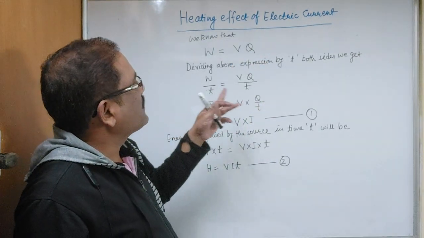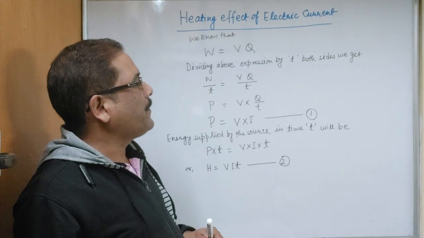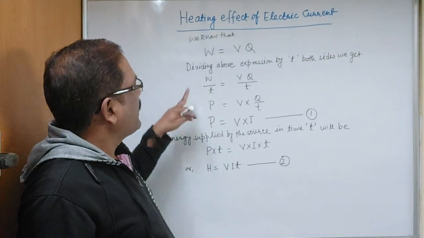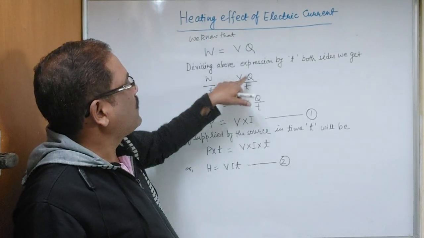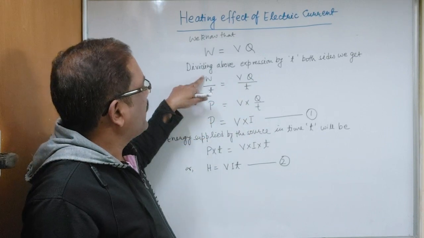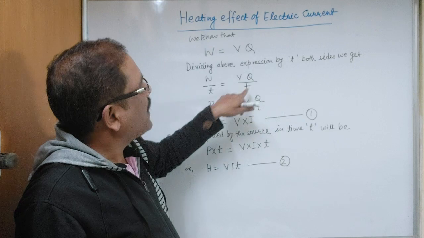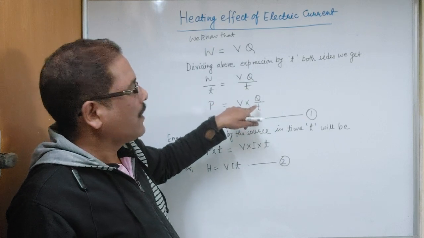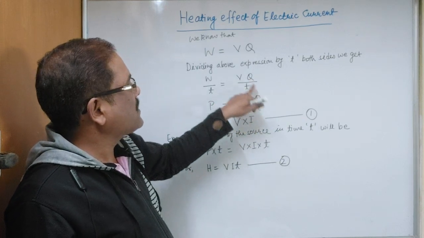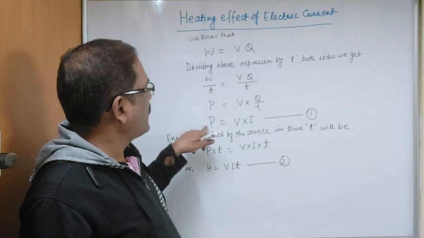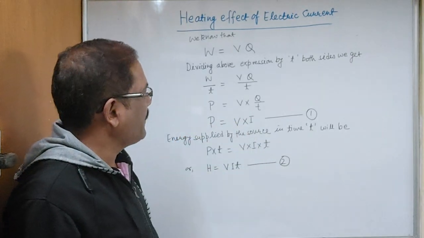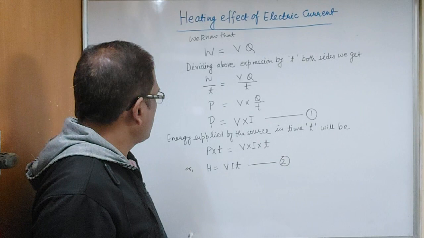Now we are dividing this expression by time, both sides, then it will be W by T is equal to VQ by T. Now rate of doing work is power, and here charge by time, rate of flowing charges, is called current. So we have further written P is equal to V into I. This is one important equation.